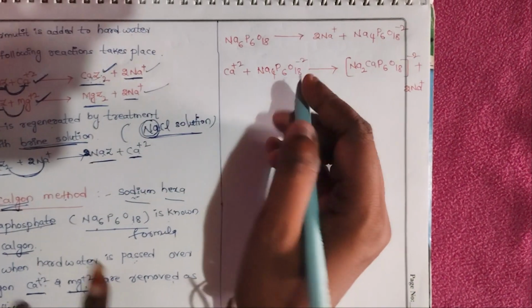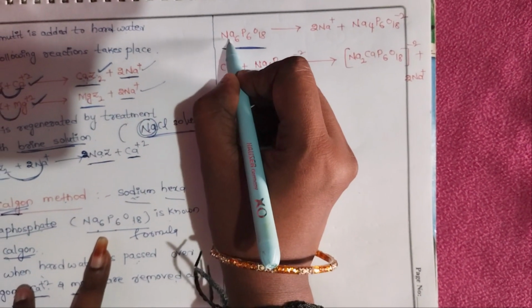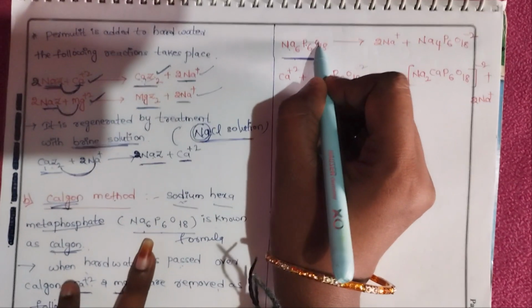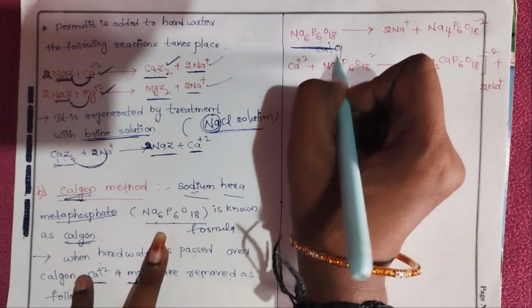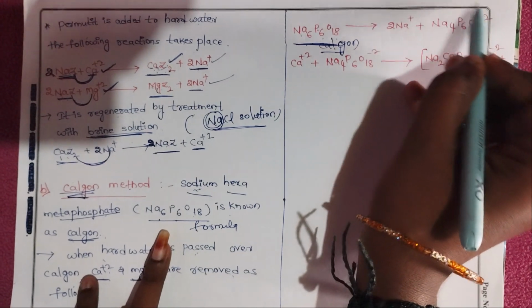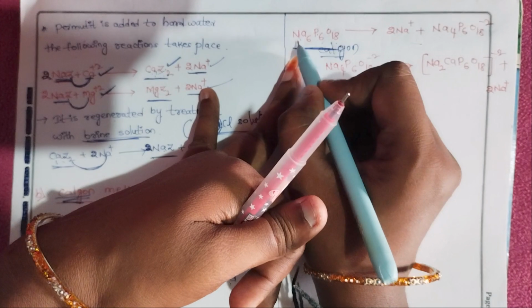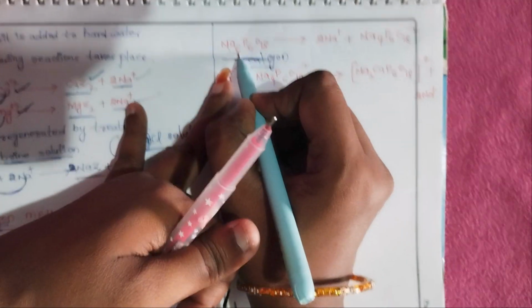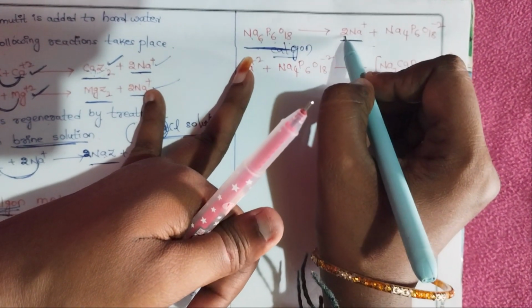What are the reactions? We already know what calgon is. In this method we use Na6P6O18, simply called calgon. When the calgon dissociates initially into two types of ions, how many sodium ions are there? 6 sodium ions. Initially it releases 2 sodiums.